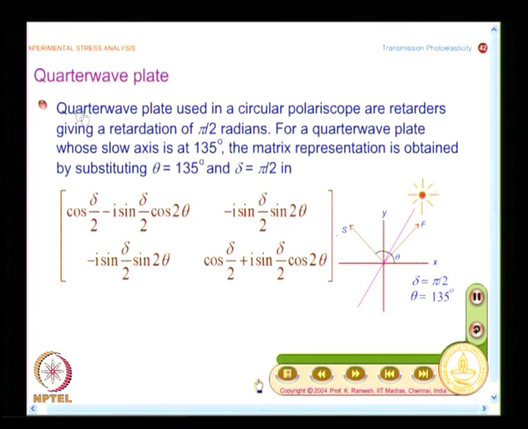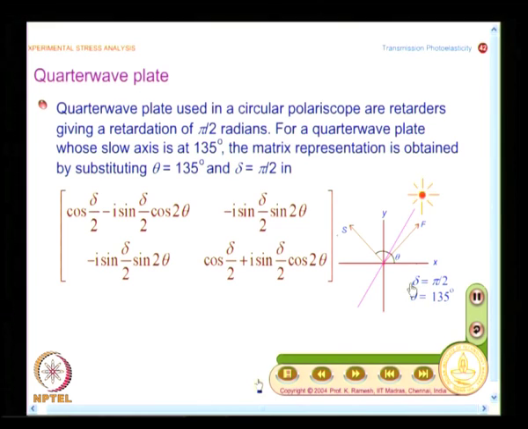Now, we want to find out for a quarter wave plate which is oriented at 135 degrees, the angle is also given. Why do we have it as 135 degrees? We want to have a circularly polarized light. Because we want to have circularly polarized light, we keep it at 135 and 45 in conventional photoelasticity. In conventional photoelasticity, these are the two orientations of the quarter wave plate popularly used.